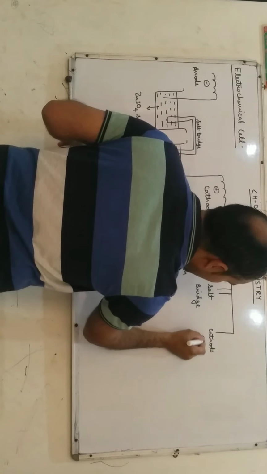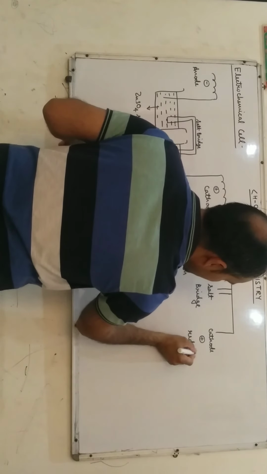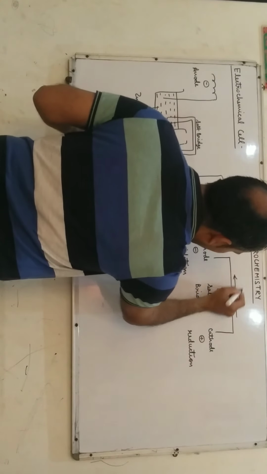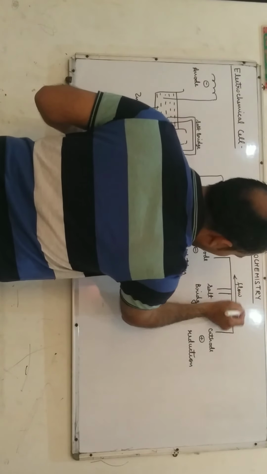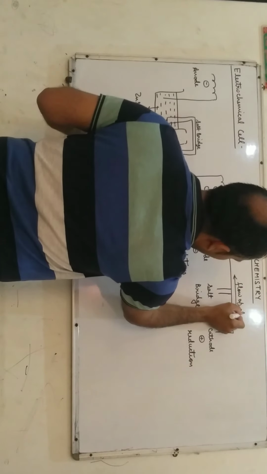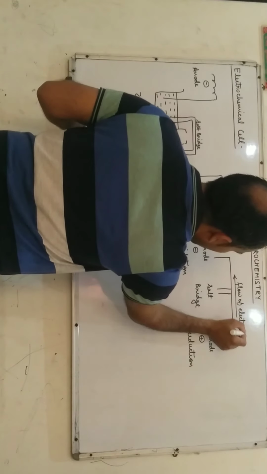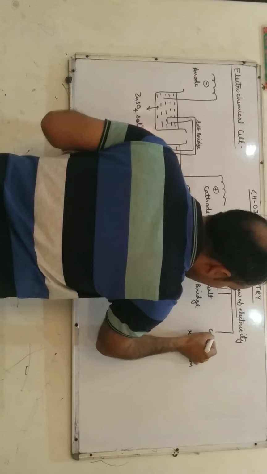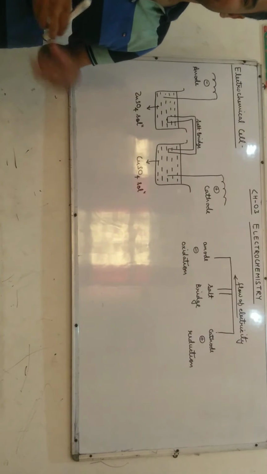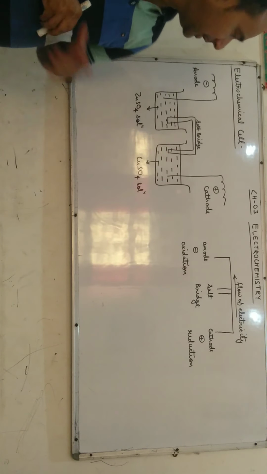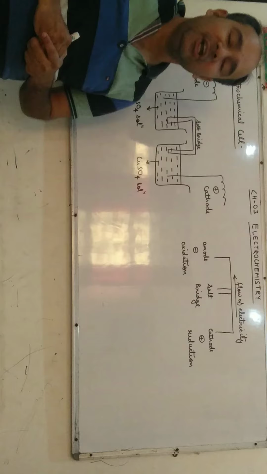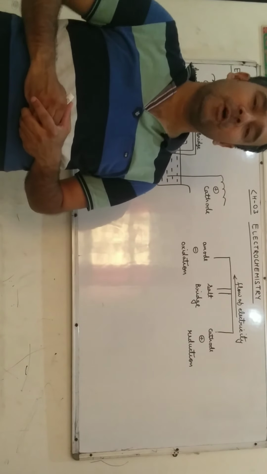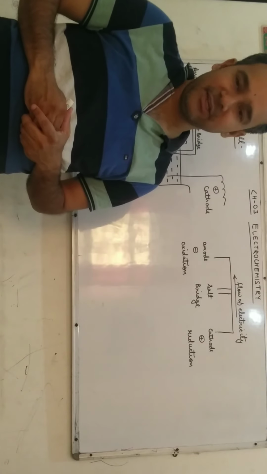It is the positive terminal at which reduction takes place. The flow of electricity is from cathode to anode. It should be noted salt bridge is generally made up of inert electrolyte like KCl, KNO3, etc., whose ions do not participate in cell reactions.